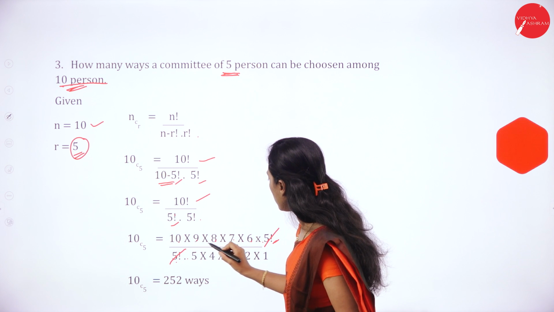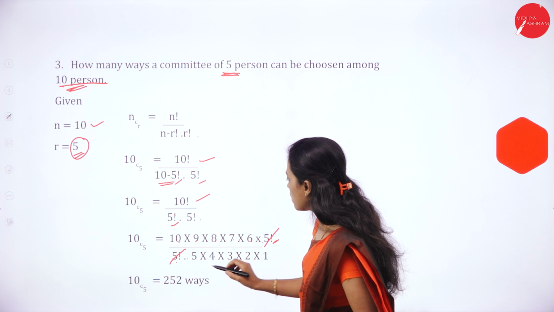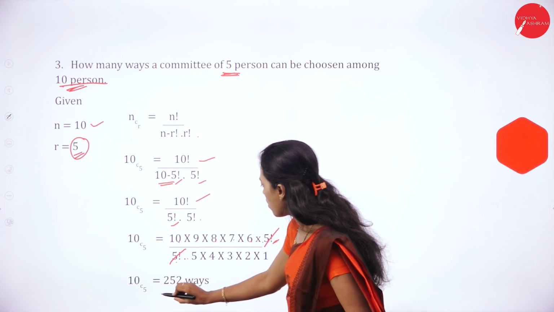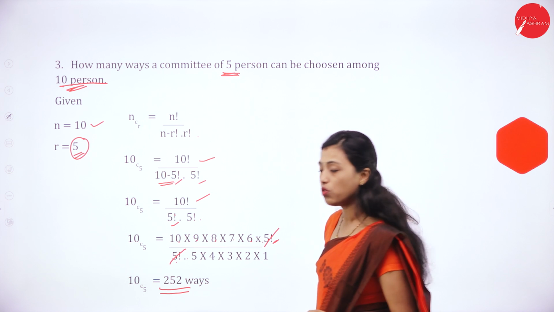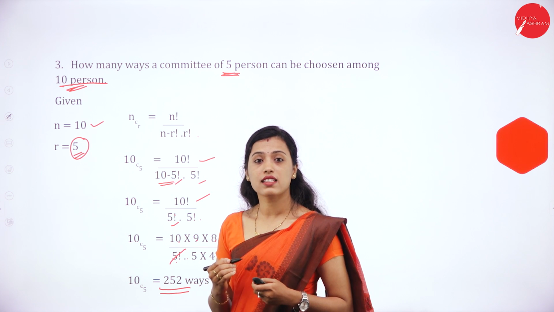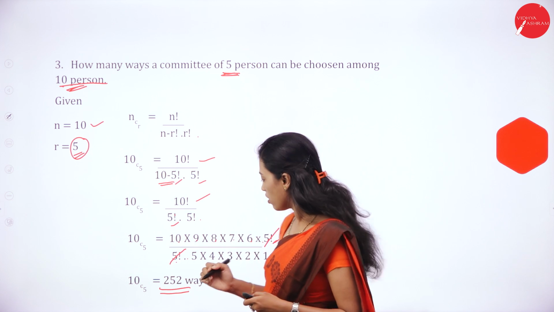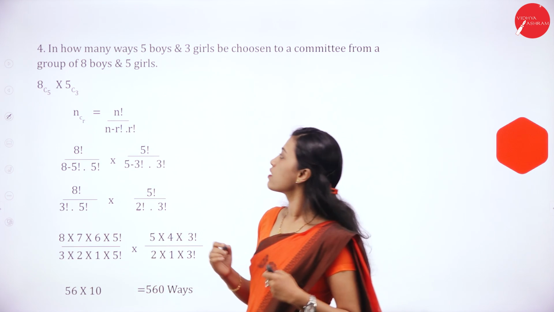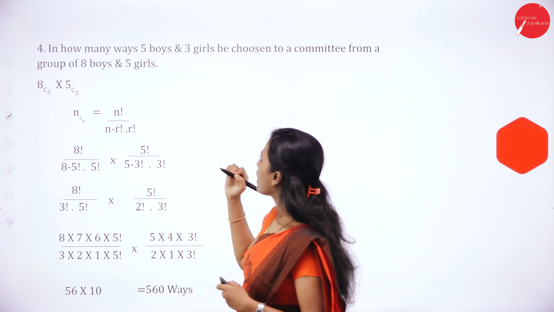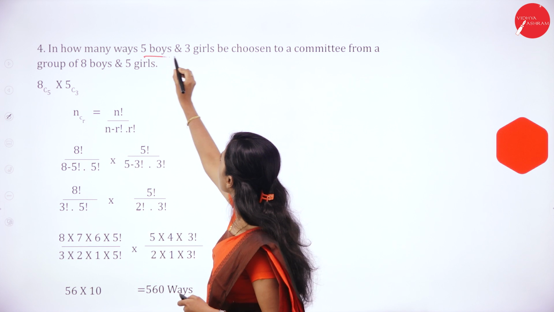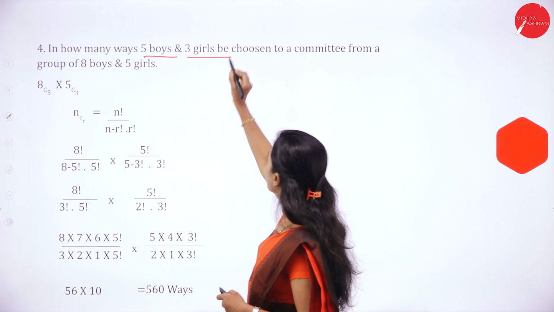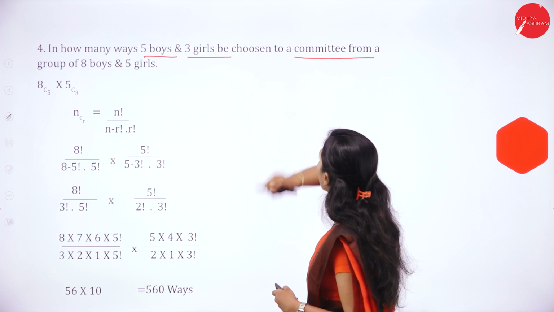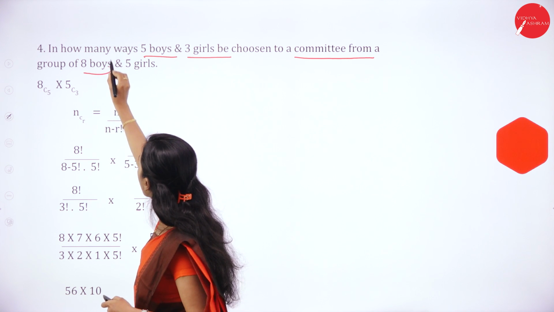So 10 into 9 into 8 into 7 into 6 divided by 5 into 4 into 3 into 2 into 1 is 252. So 10C5 is equal to 252 ways.